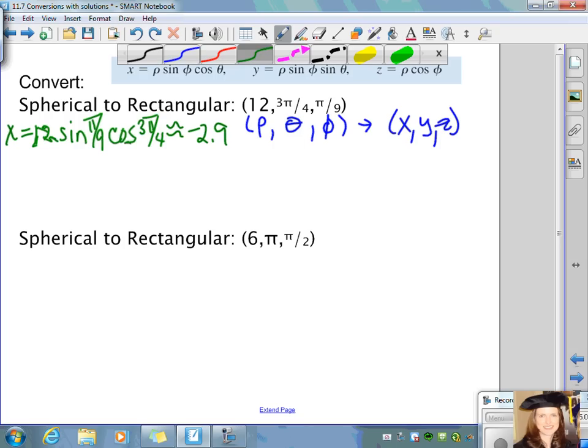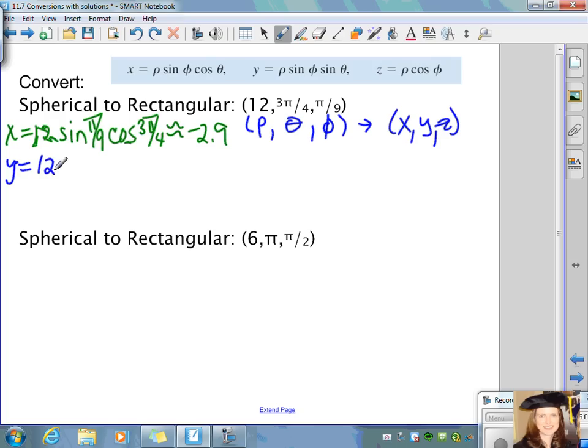All right, now let's find our y. Y is equal to rho sine phi sine theta. So that's going to be 12 sine of pi over 9 times the sine of 3 pi over 4. Again, you can use a calculator to approximate that as approximately 2.9.